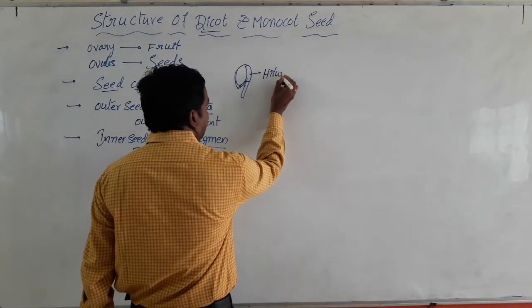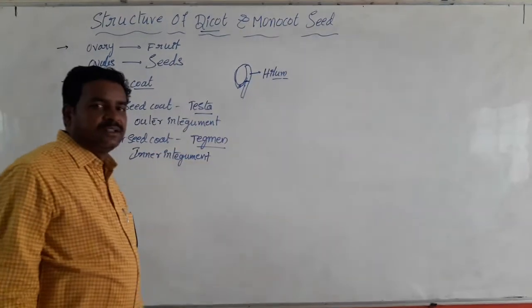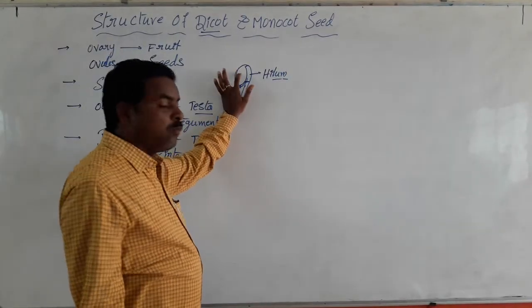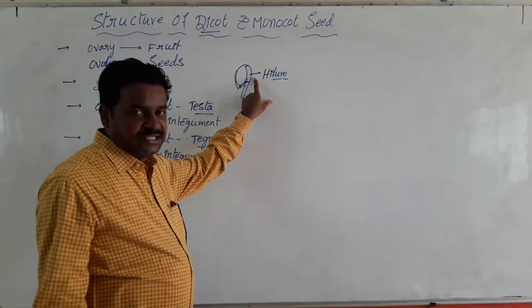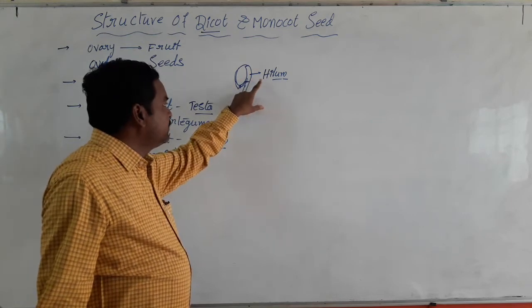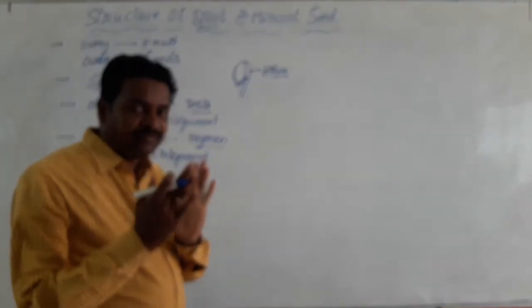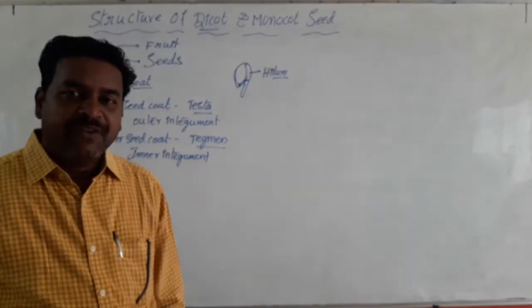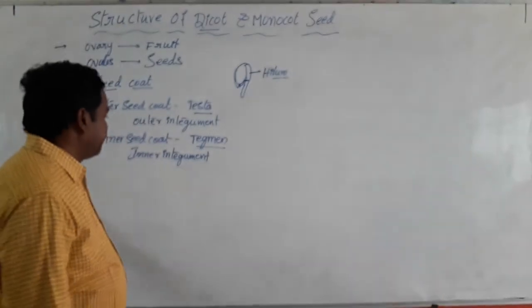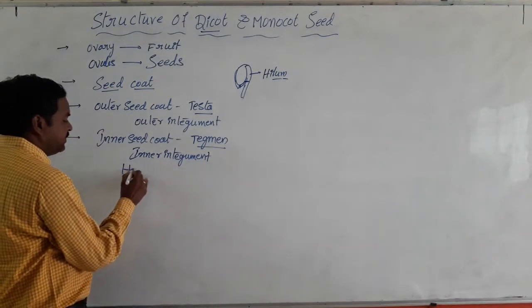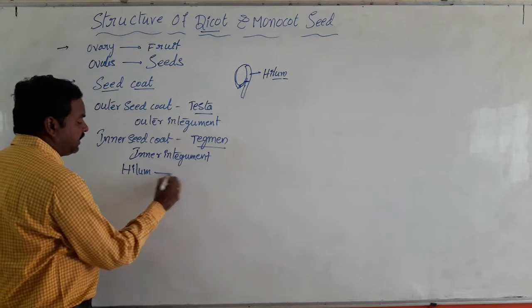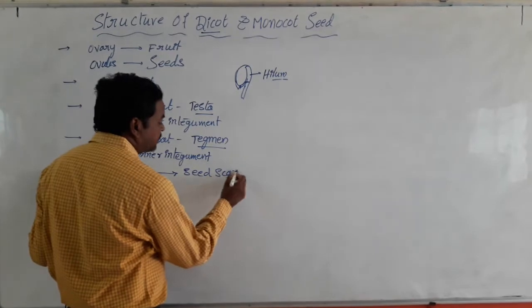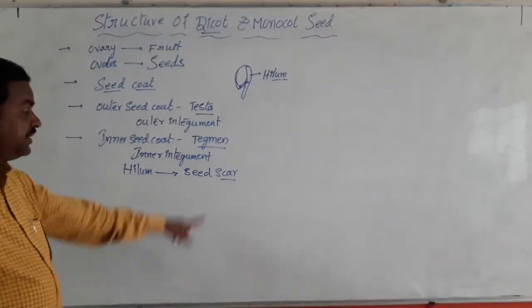Hilum represents the junction between the body of the ovule and the funiculus. After fertilization, this hilum develops into the seed scar.